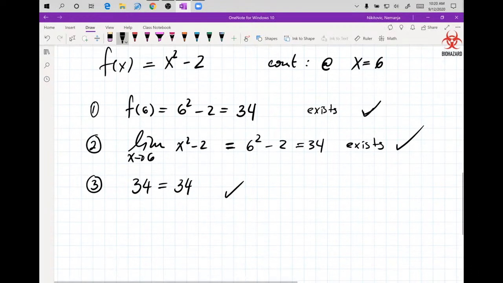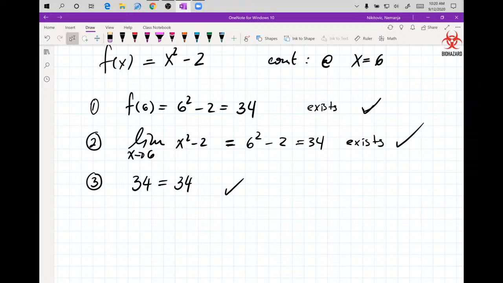So because all three check out, and you have to do all three every time, right? You can't just look and say, yeah, it's good. You calculate the function value, you take a look if the limit exists, and then if those two numbers are the same, that number 3 there also is part of the definition.